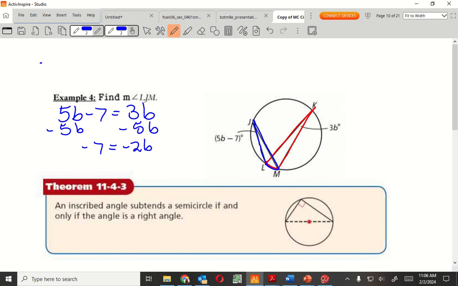Then I'm going to divide both sides by negative 2. b equals, not 14, 3.5, because it's 7 divided by 2. It's half of 7. So that is 3.5.